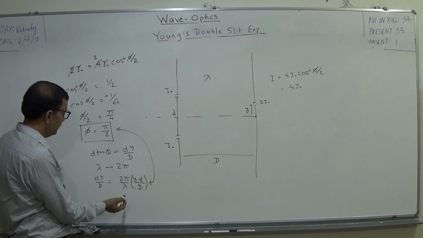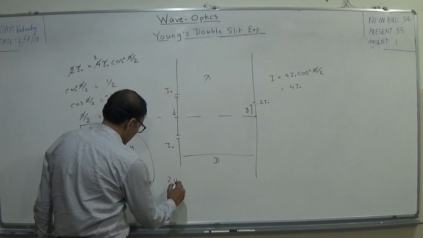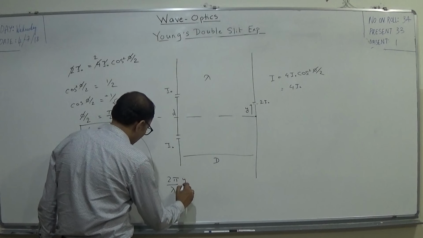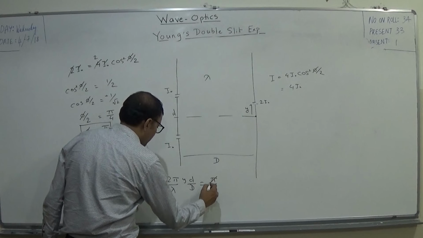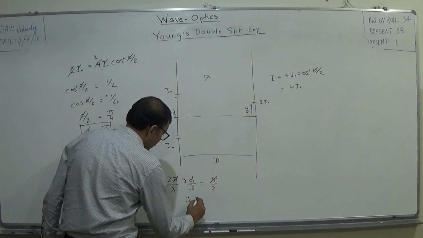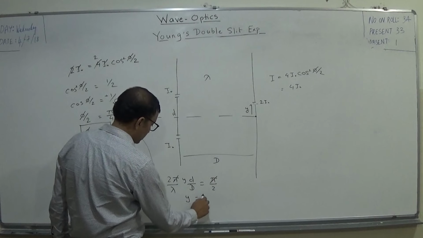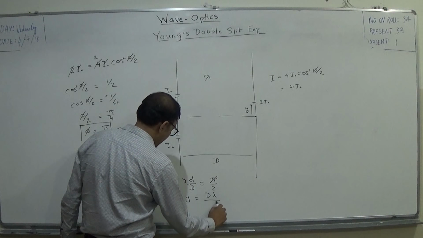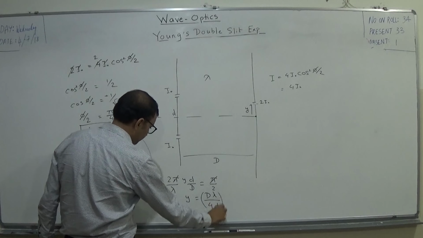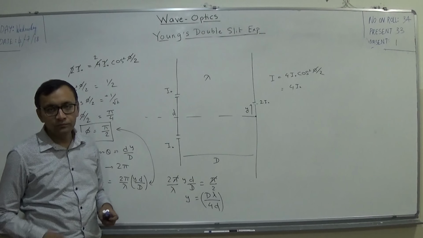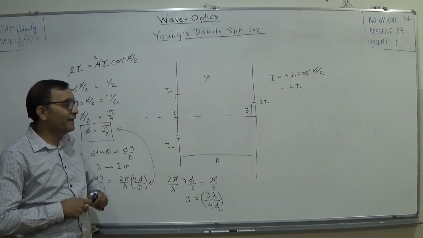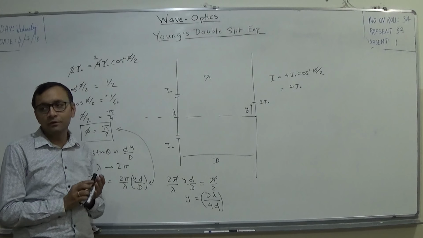So when you equate it, what do you get? 2 pi by lambda times y d by D is equal to pi by 2. Pi and pi gone. So y is equal to D lambda by 4d. So at this location, above and below, you have intensity which is half of the maximum possible intensity.